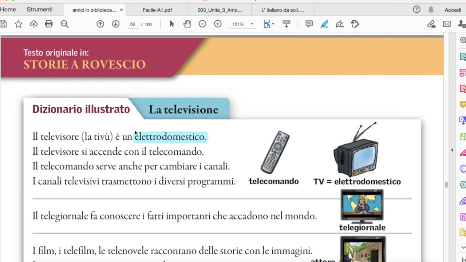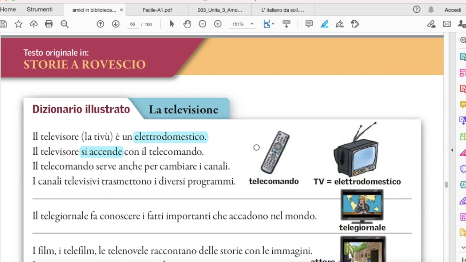Il televisore si accende con il telecomando. So, telecomando is remote, but si accende, that's an interesting verb, because normally this verb would be non-reflexive. Usually, accendere is a non-reflexive verb.